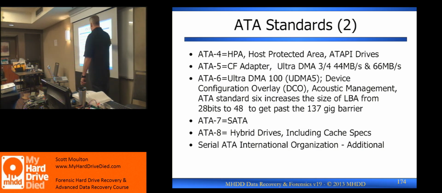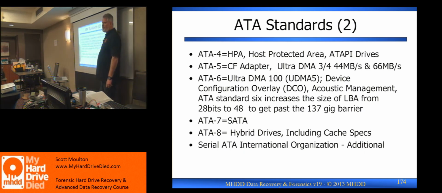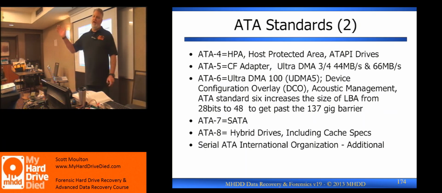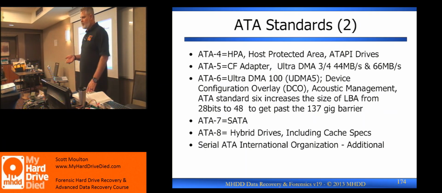And then the next thing we got up to was ATA 6. There are 2,000 things inside of every one of these ATA specs. I'm just showing you the stuff that's important to us for data recovery. But when we got to ATA 6, we got LBA 48-bit. Now, in LBA 28-bit mode, we had this ignore ECC command, and they said it's obsolete, we're not going to use it anymore, turn it off.